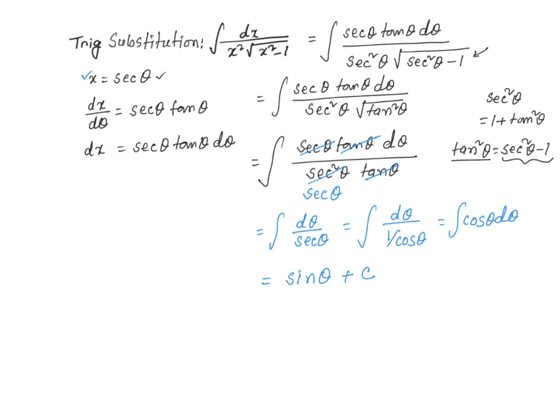Now remember, x is actually secant theta, so theta must be equal to secant inverse of x. So I just replace that value here. If I do so, my integral of dx over x squared times square root of x squared minus 1 is going to be equal to sine of theta, but instead of theta I'm going to put secant inverse of x.